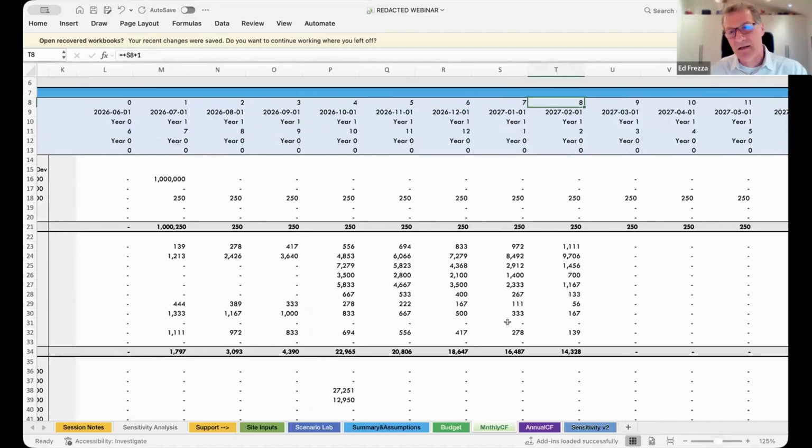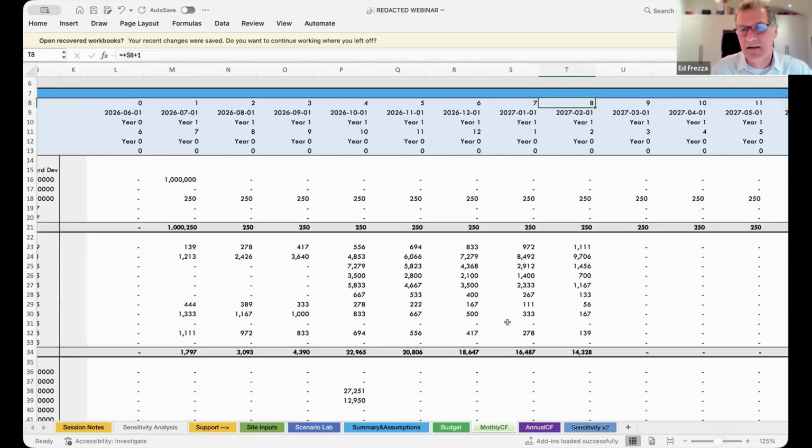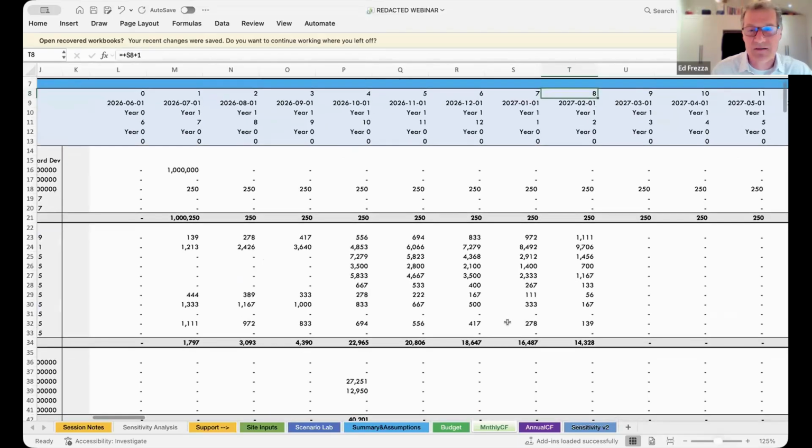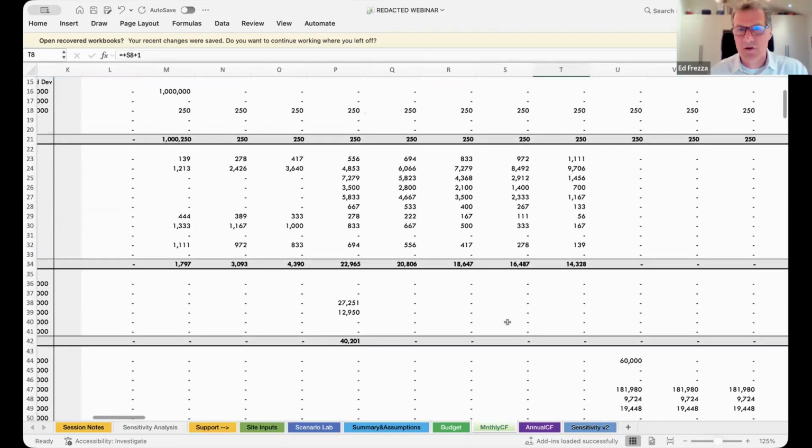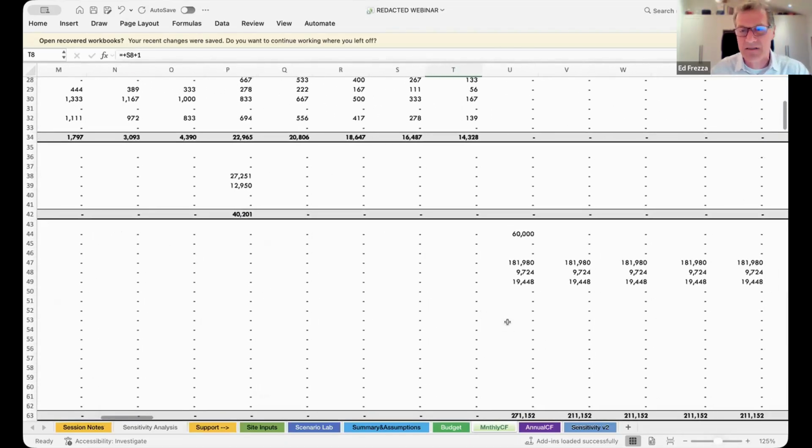So that's 80 months. The first 8 months is the entitlement, and then months 9 to 20 is where we're spending the big chunk of the cash for the actual soft and hard costs, really the hard costs. And so these numbers are then used to do all the calculations behind the scenes.